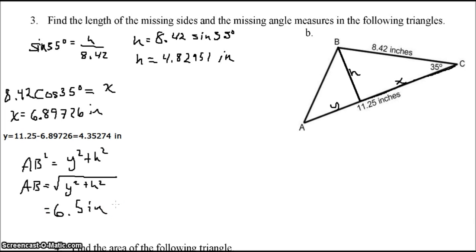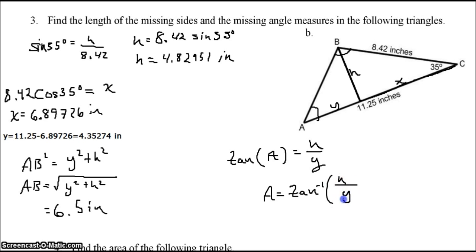Now we're still missing these angles B and A. Let's find angle A. Notice that tangent of the measure of angle A, we'll just use A, equals the opposite over the adjacent. That means that A is equal to the inverse tangent of the opposite over adjacent.